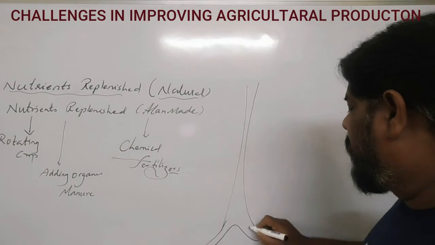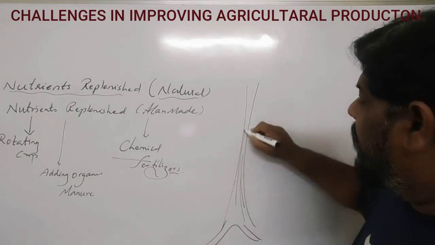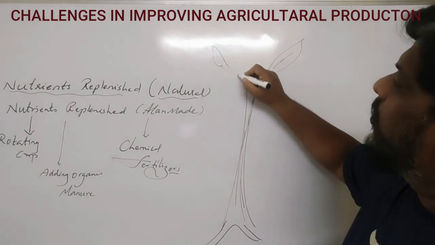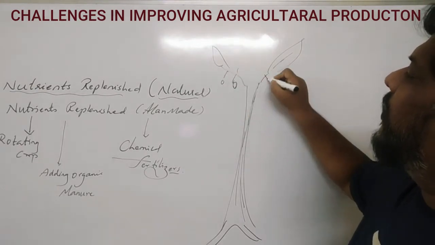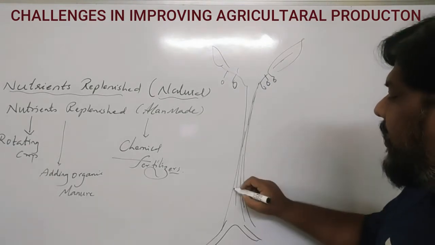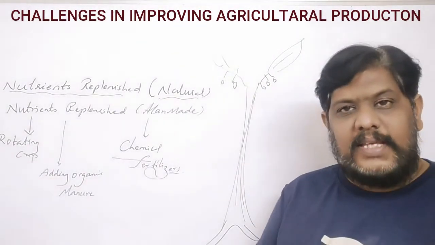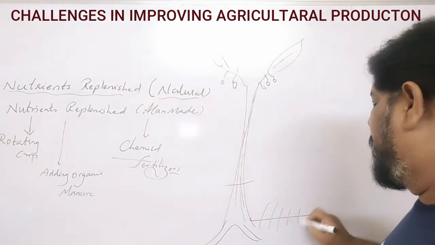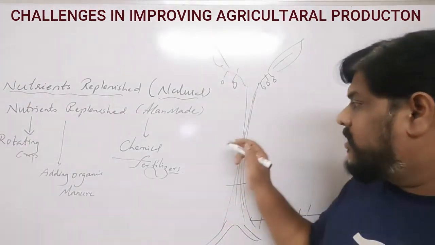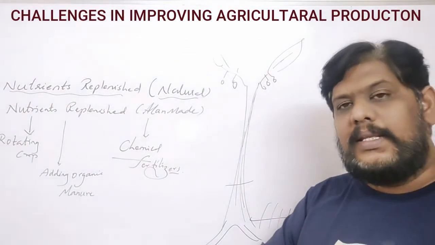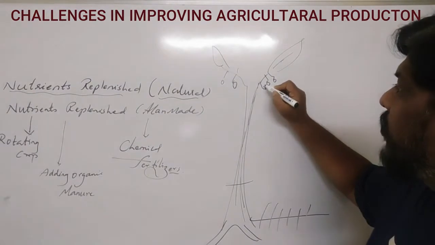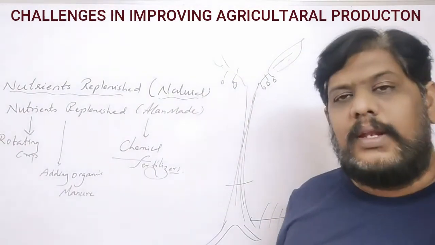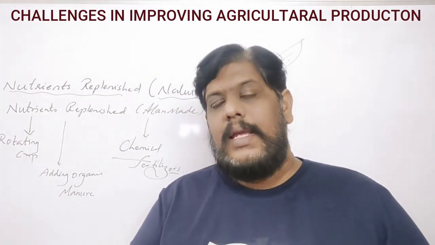It has taken a good amount of water and prepared food material, which is in the leaves, and it might also contain some fruits. Now, because of the wind or a cyclone, this tree falls down and is covered by the soil. The parts of this plant will be degraded completely, and all the nutrients present in the leaves, fruits, stem, and so on will get back to the soil, isn't it?